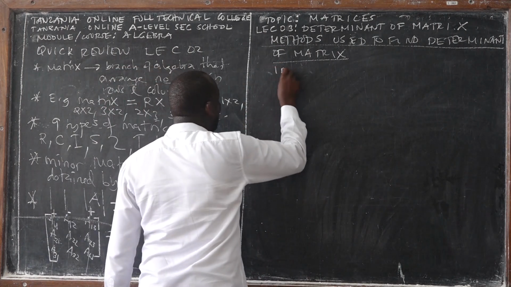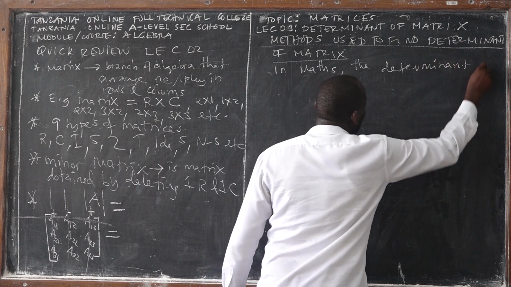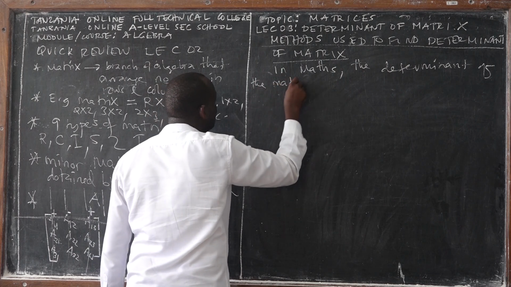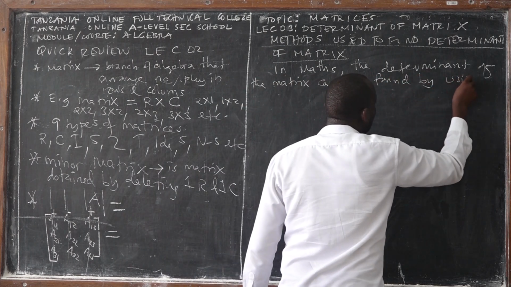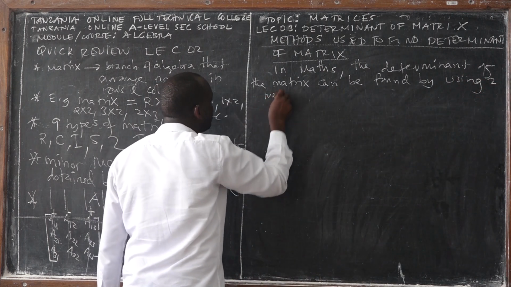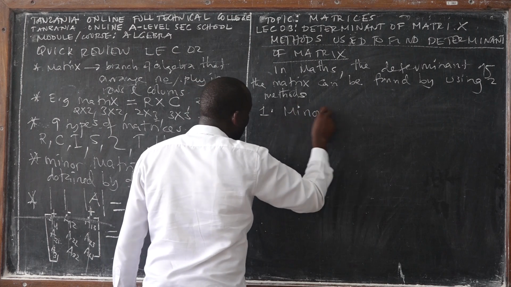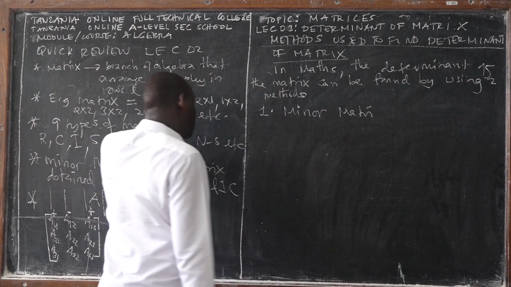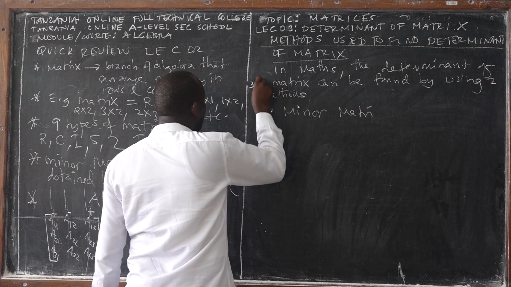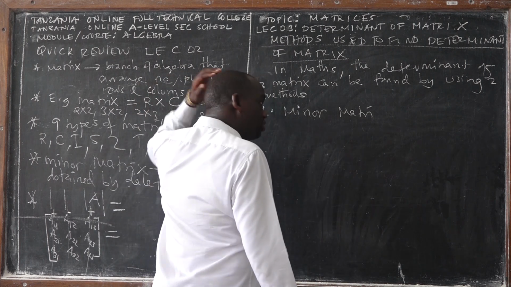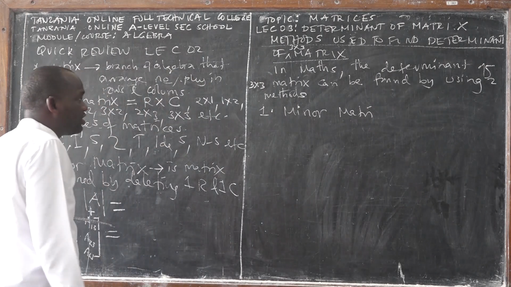In mathematics, the determinant of a 3 by 3 matrix can be found by using two methods.